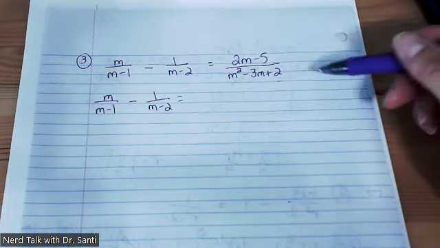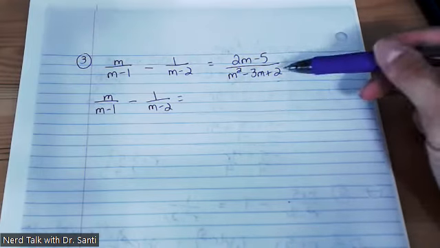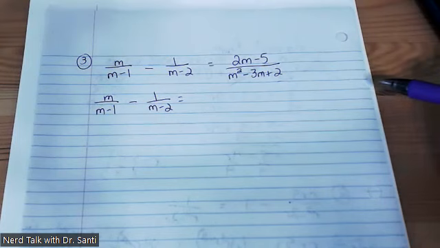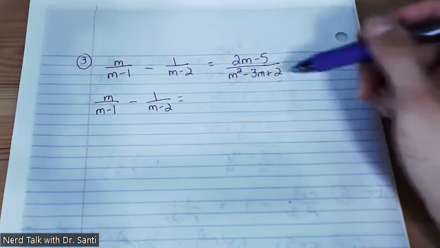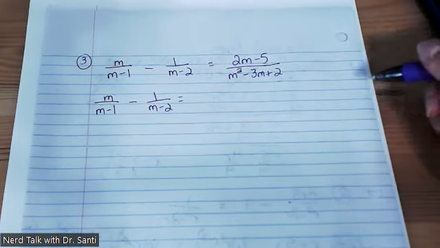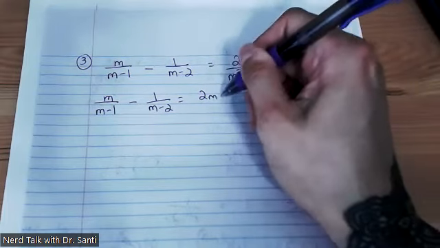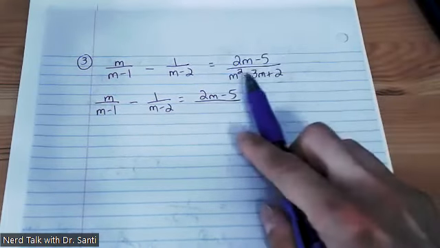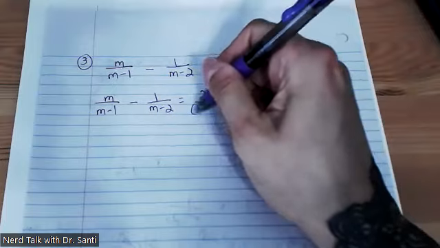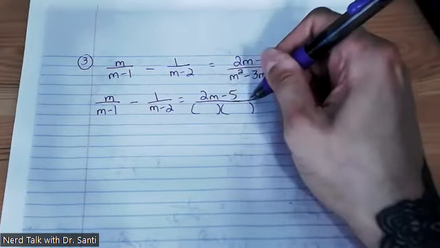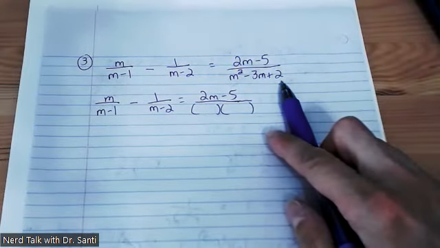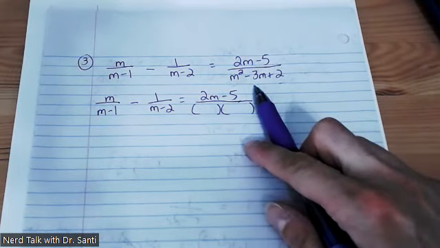So we need to work on factoring this trinomial whose leading coefficient is 1. Recall that that would represent our trial and error. So we have 2m minus 5. I need to factor this trinomial such that I find factors of positive 2 that combine to give me a negative 3.